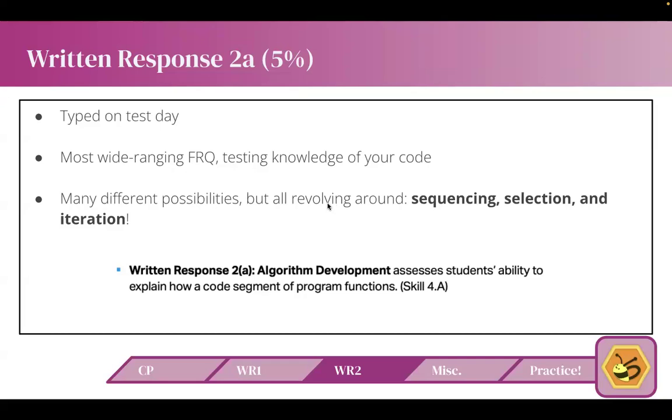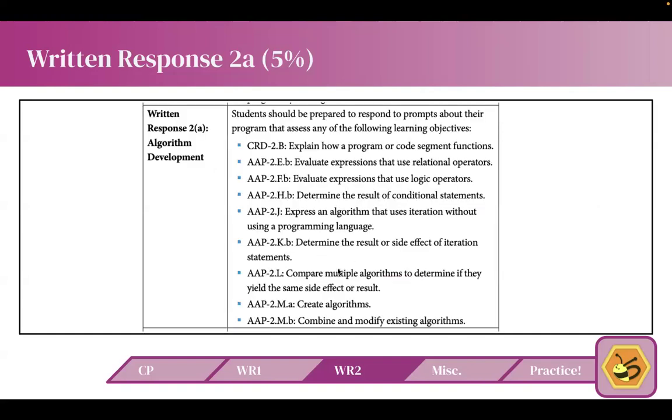These could be a lot of different things, but it's going to really revolve around sequencing, selection, and iteration. So this is going to test your ability to explain how a code segment or program functions. This is where you're going to be getting into the nitty-gritty of your code using your PPR and saying exactly how your program is functioning. So any questions in general for this one before I move on?